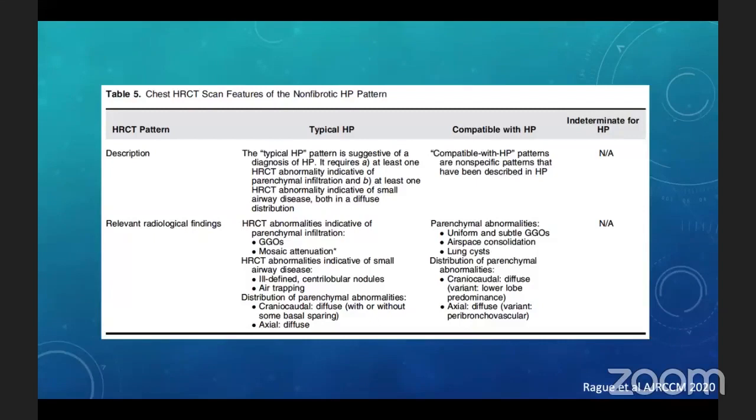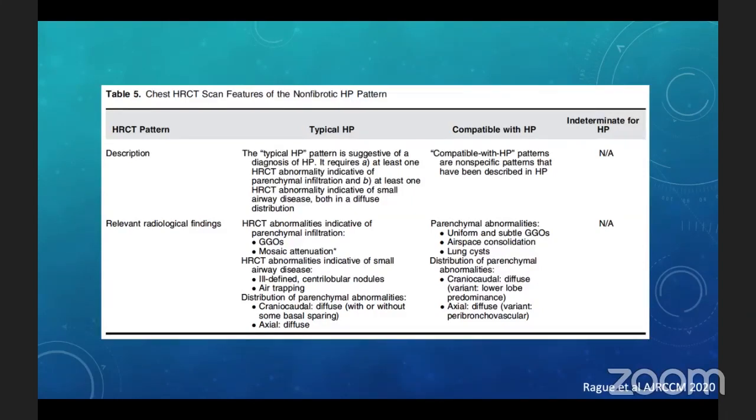The typical pattern of non-fibrotic HP has to have one parenchymal abnormality and one small airway disease abnormality. Parenchymal abnormalities, the most important one to look for is the ground glass opacities. The small airway disease signs are, as we said, the mosaic attenuation, the three density sign, the air trapping, or the ill-defined small centrilobular nodules. It can sometimes be seen as peribronchial sub-6 millimeter nodules.